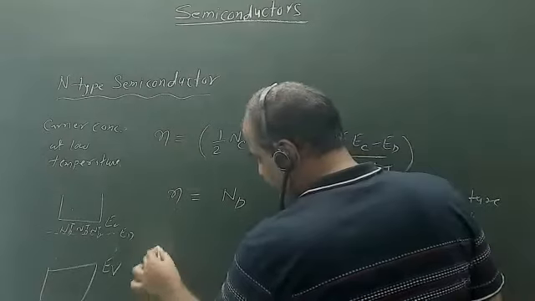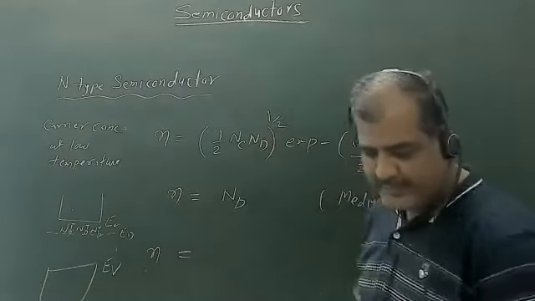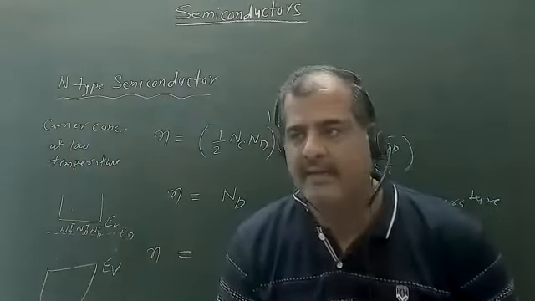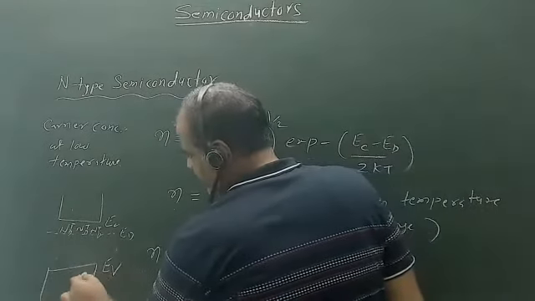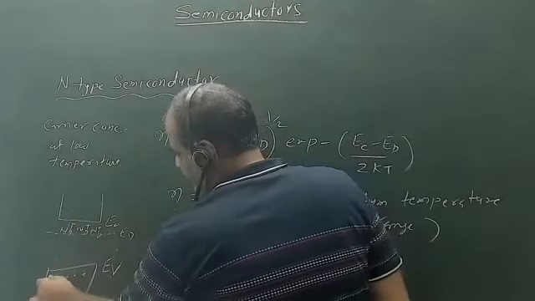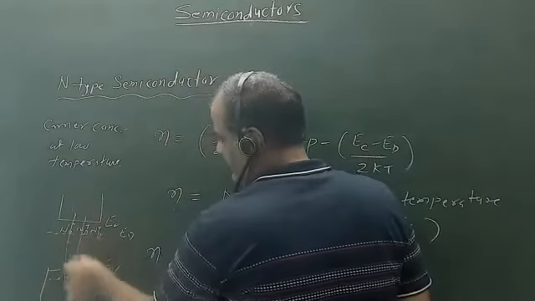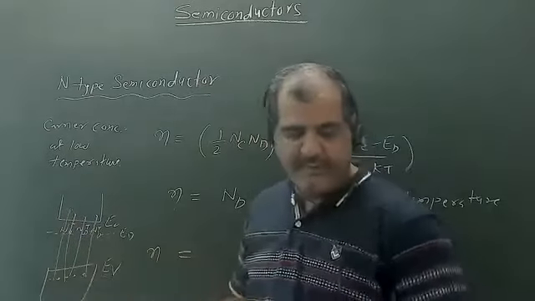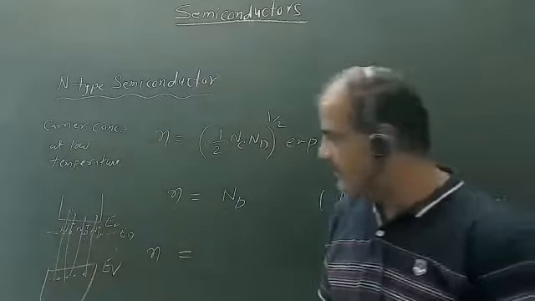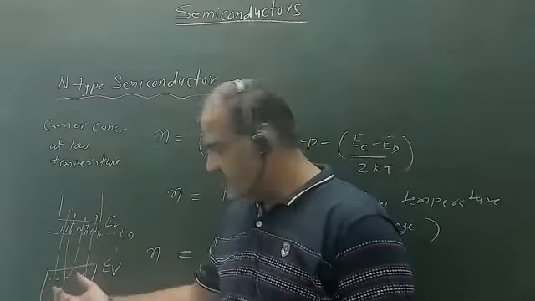And what will happen at high temperature? If I am giving high temperature to the system, all these electrons sitting here will break the bond and reach the conduction band. Now the impurity atoms are only 1 or 2%, so the number of these electrons is very high.